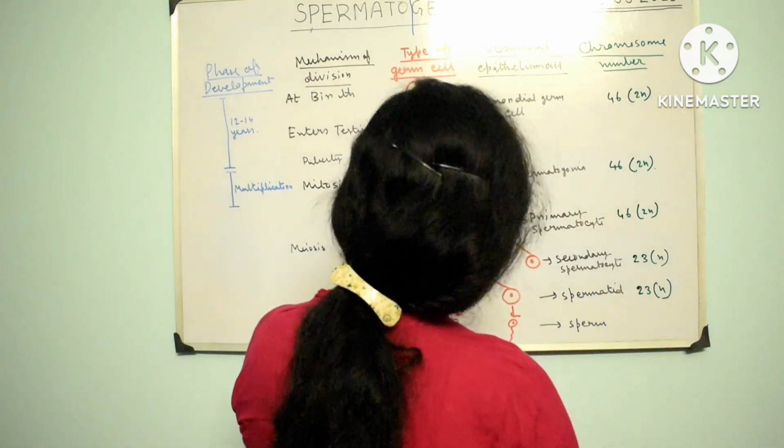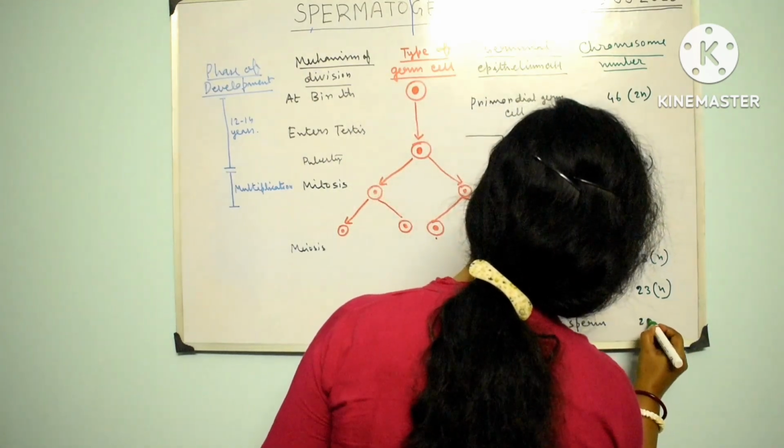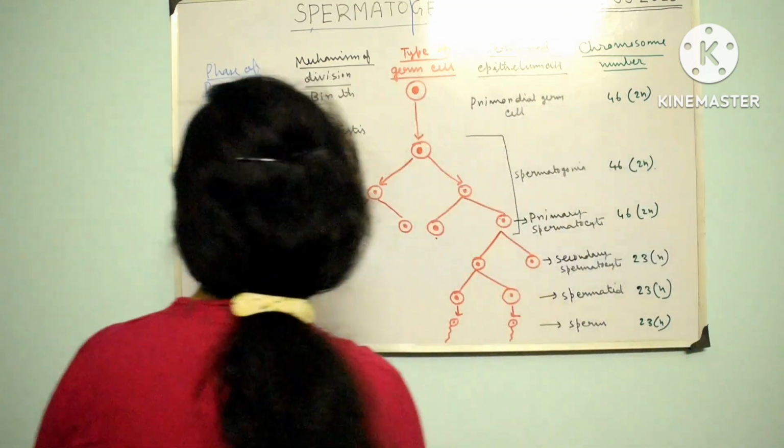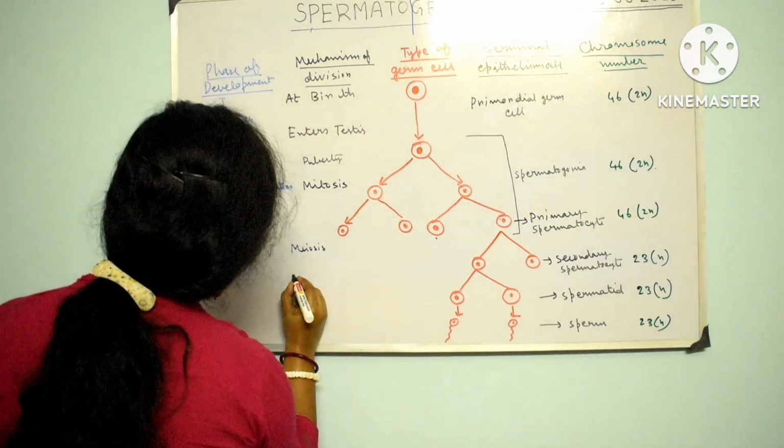It's also 23n. Now write here, this here meiosis 1, here meiosis 2.